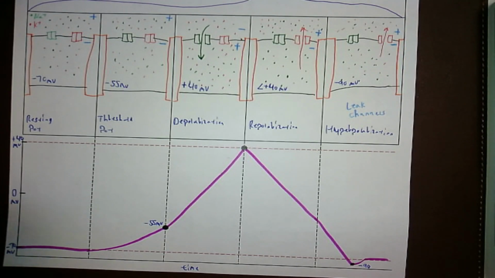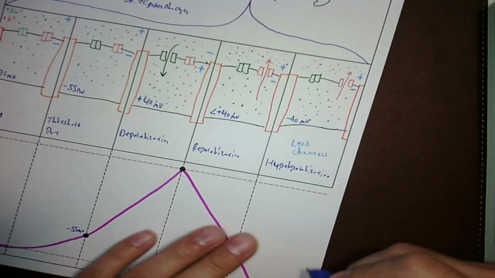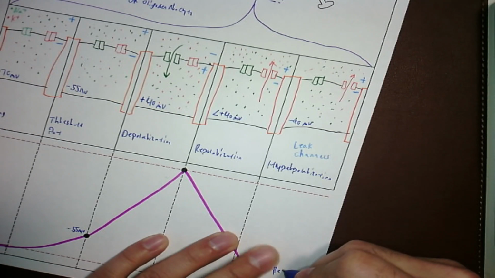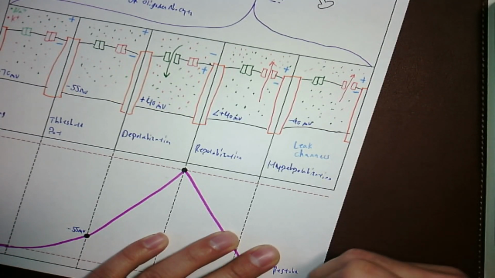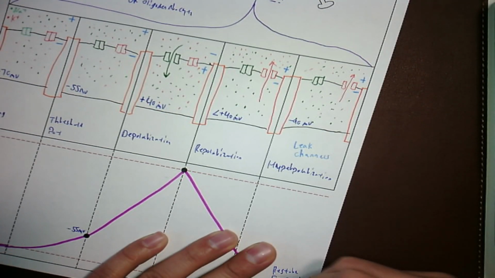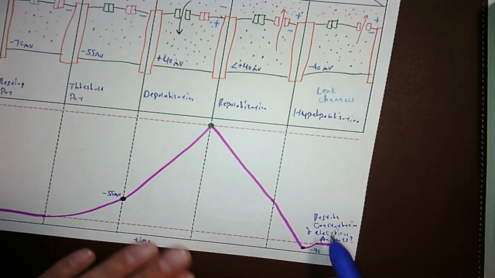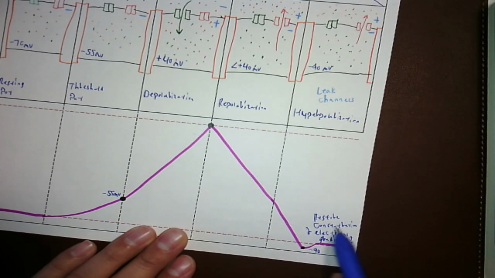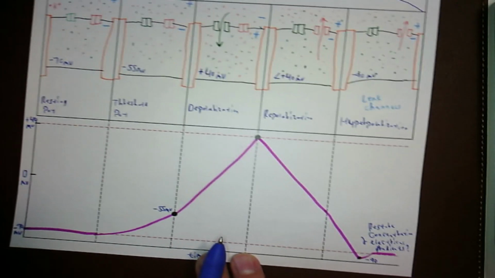How do we restore our concentration and electrical gradients? So I wrote that all down there. How do we restore our concentration and electrical gradients? How do we restore that?